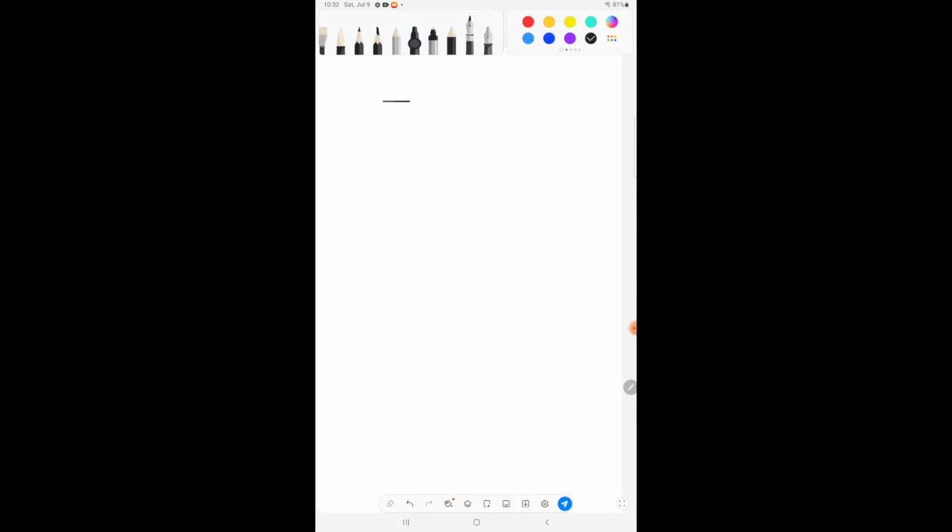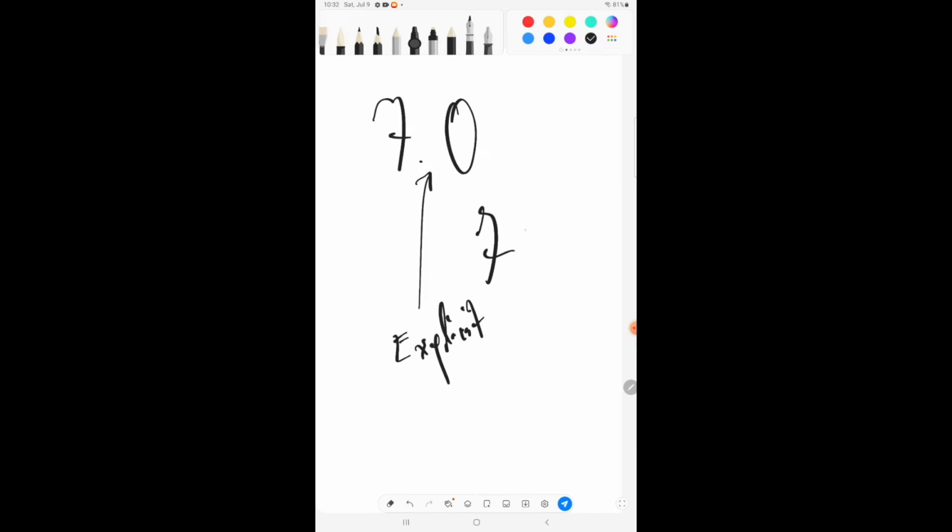Now, trailing zeros are always significant when there is an explicit decimal. So in this case, we have two significant figures. Explicit means that it's visible, instead of implicit. This would be an implicit decimal. We know the decimal goes right there, but it's implicit.